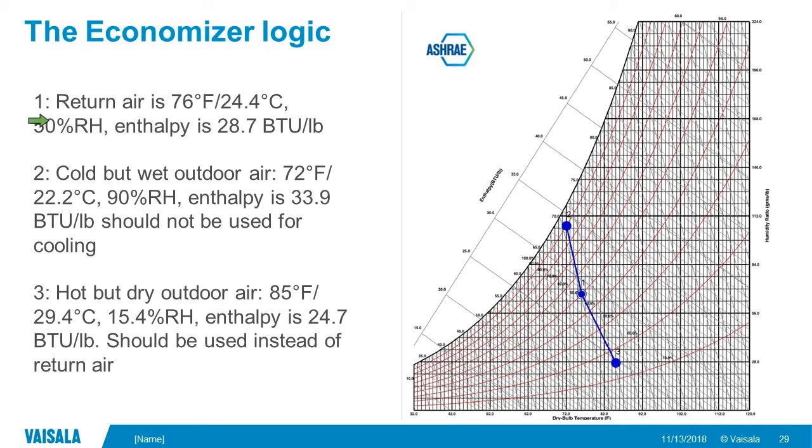Let's assume you are measuring return air temperature, 76 degrees Fahrenheit or 24.4 in centigrade at 50% RH. And this graph is in BTUs per pound, and that converts to 28.7. So this is actually the point number 1 here in the graph.